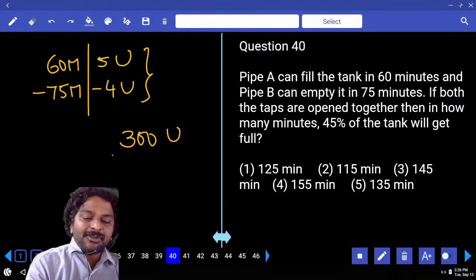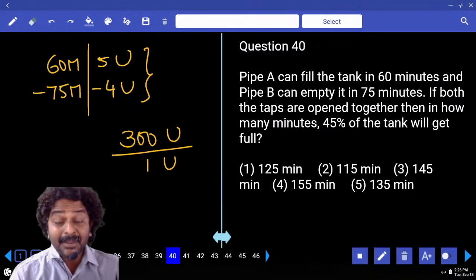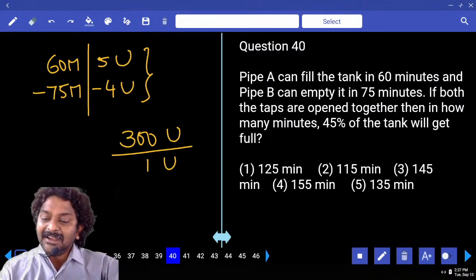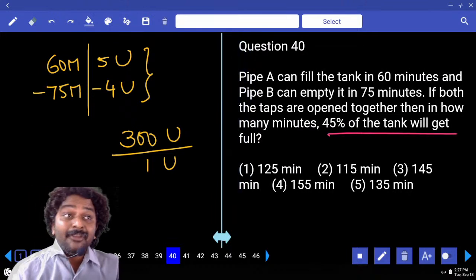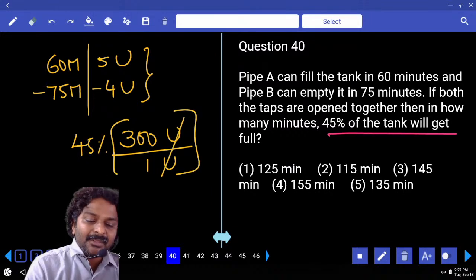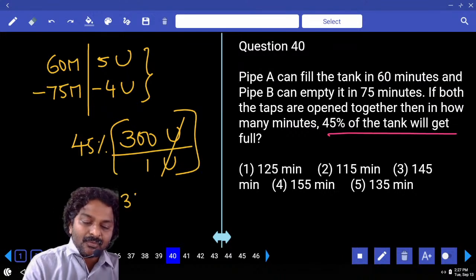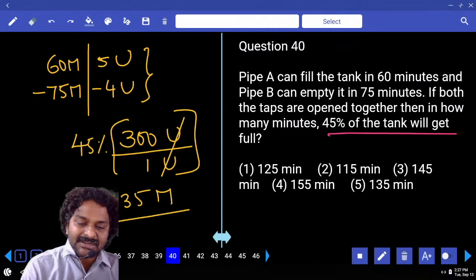Time to fill the tank by both is 300 by 1. Correct? But we were asked to calculate time taken to fill 45%. That means we have to calculate 45% of this number only. 45% of 300 or 300% of 45. One and the same. How much is your answer? 135 minutes.